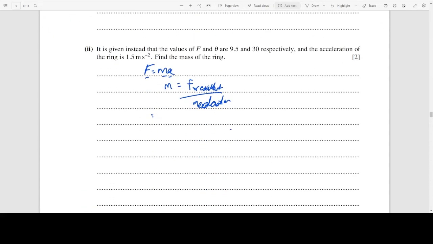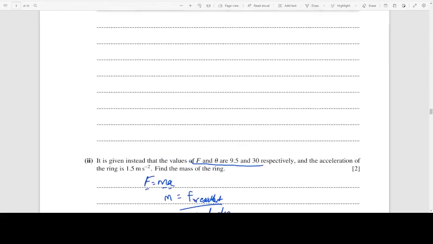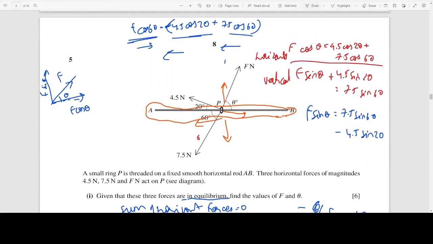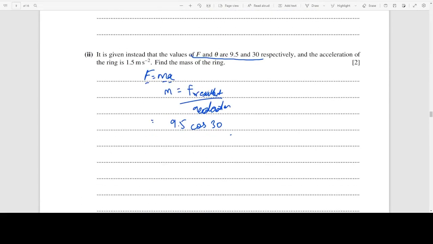F cos 60, which is the values of f and theta are given here. So 9.5 cos 30. Okay, my bad. This is actually theta, f cos theta, 4.5 cos 20 and 7.5 cos 60, divided by the acceleration, which is 1.5.